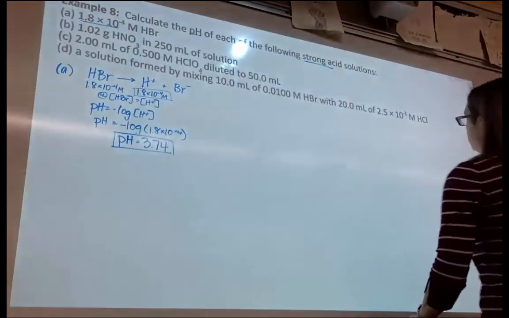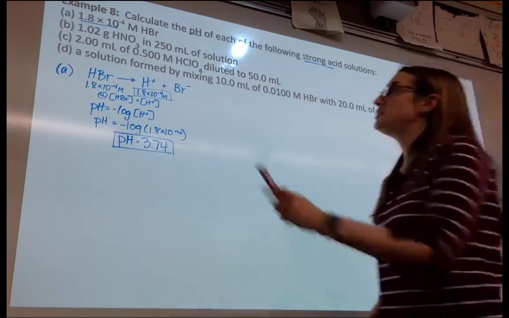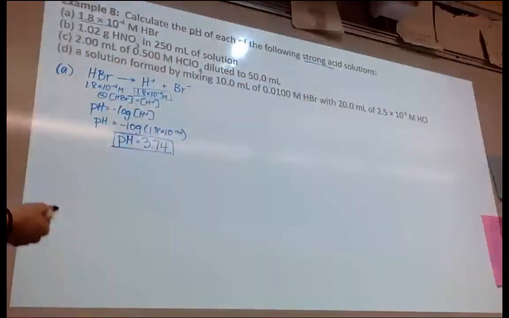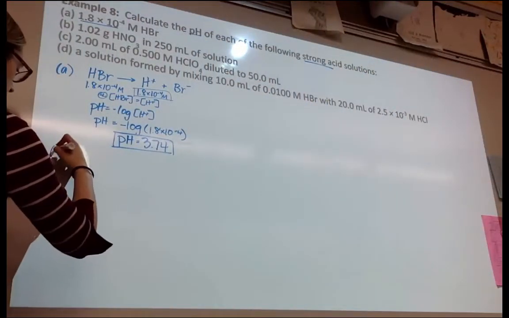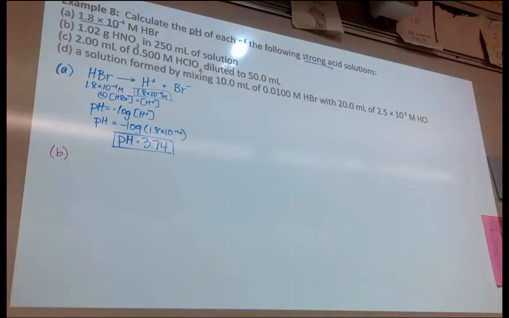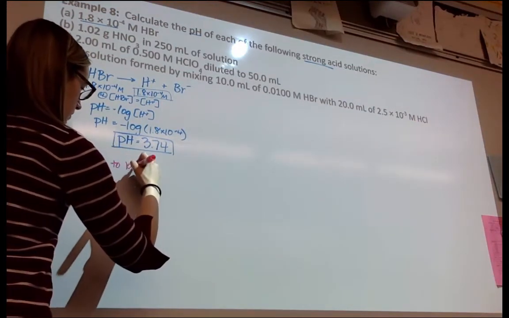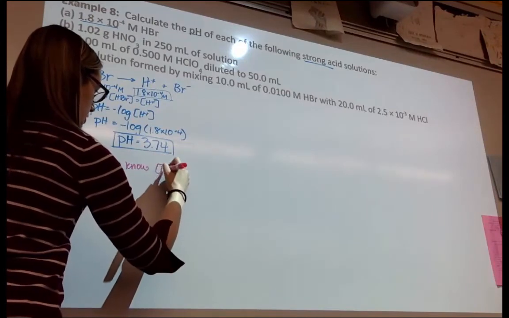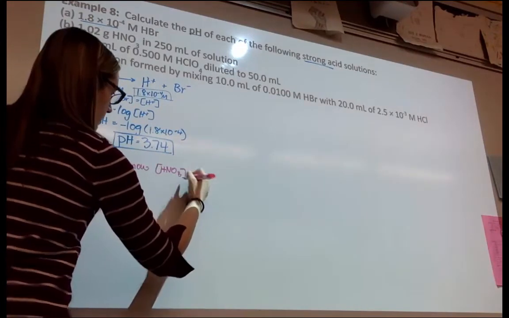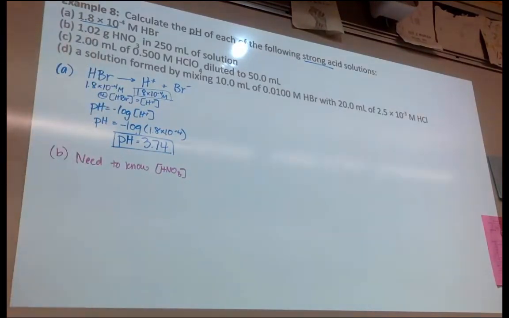Now part B, we have 1.02 grams of HNO3 in 250 milliliters of solution. Well, I know that to calculate the pH, I need to know the concentration of the acid. So need to know concentration of HNO3 before we can calculate pH.